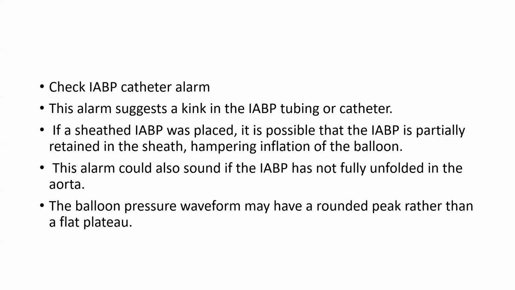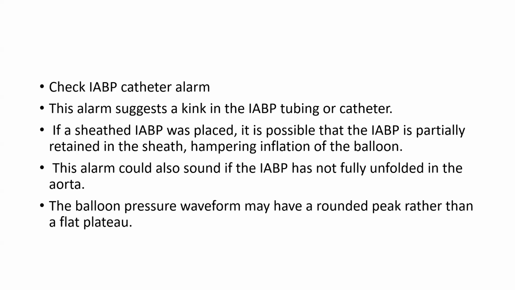Tachy IABP catheter alarm. This alarm suggests a kink in the IABP tubing or catheter. If a sheathed IABP was placed, it is possible that the IABP is partially retained in the sheath, hampering inflation of the balloon. This alarm could also sound if the IABP has not fully unfolded in the aorta.